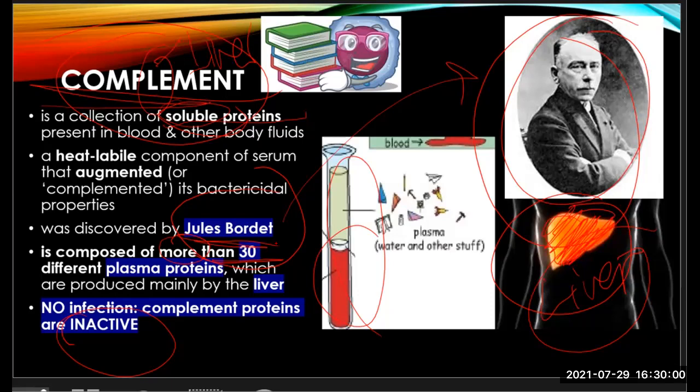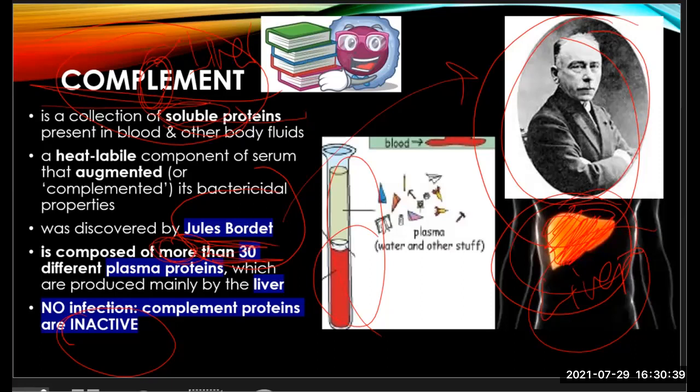The complement system is composed of more than 30, take note, more than 30 different plasma proteins, which are synthesized mainly by what body organ? The liver. So that you will not forget, there's a letter L in the word complement. Think of that letter representing the liver, in which much of the plasma proteins are produced. The complement proteins are produced there.